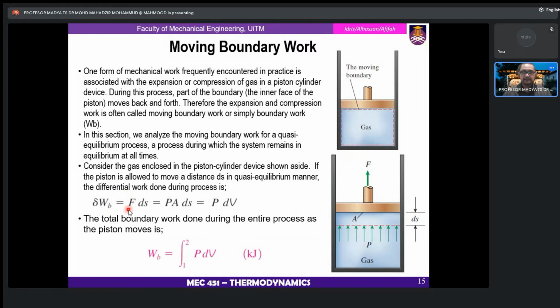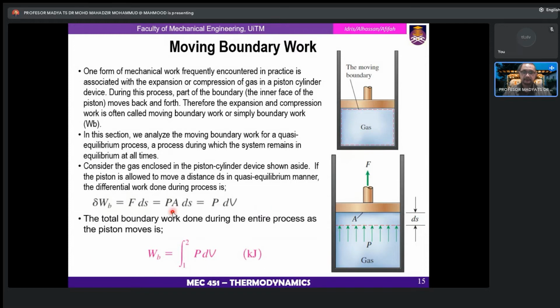So we take the force at the piston times ds, that is the distance of the movement. So it will equal P A times ds, because the formula for pressure is P equals F over A.